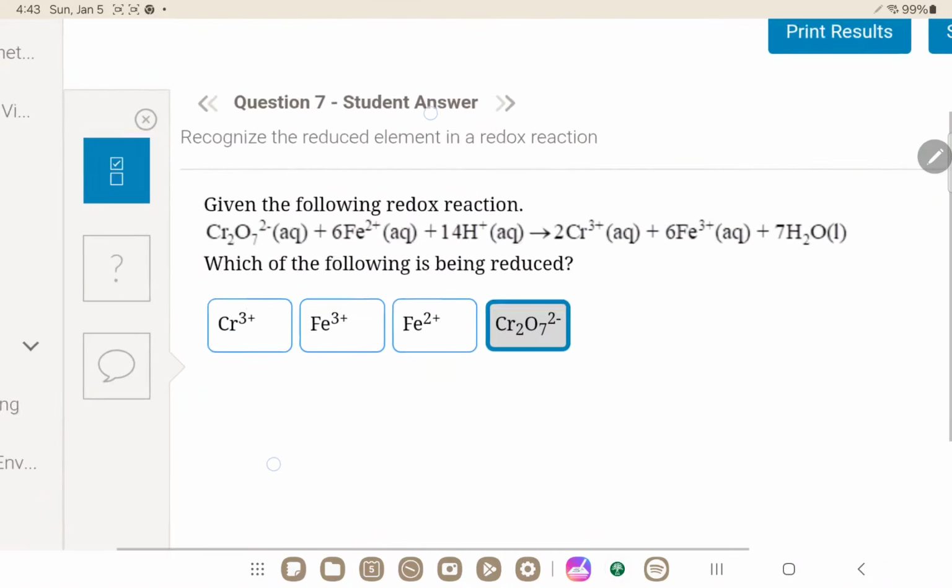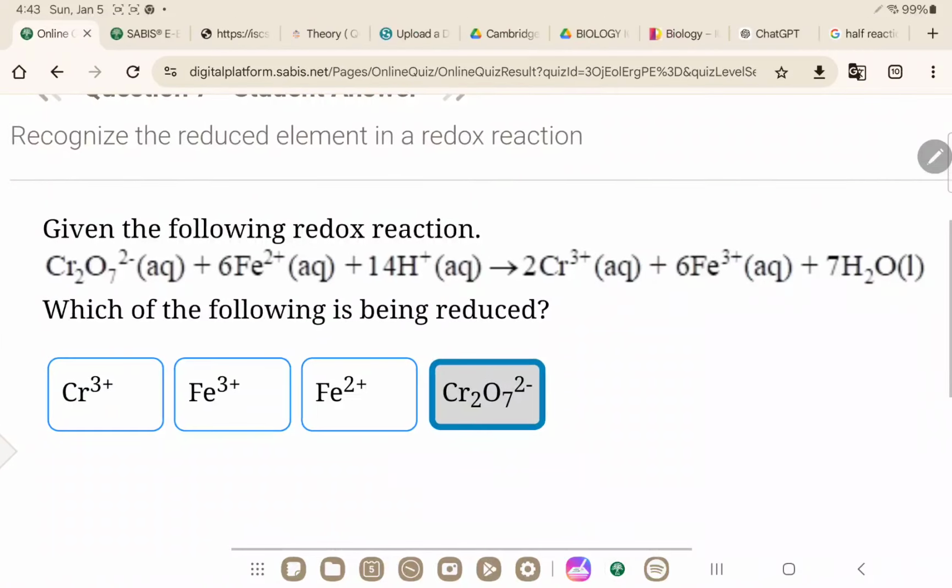Here, they're asking us which of the following elements is being reduced in this equation. So to know which element here is being reduced, you need to look at all the elements in your equation. Here, O is going to have an oxidation number of negative 2. Cr2 is going to have an oxidation number of something we have to find. But let's find it really quickly.